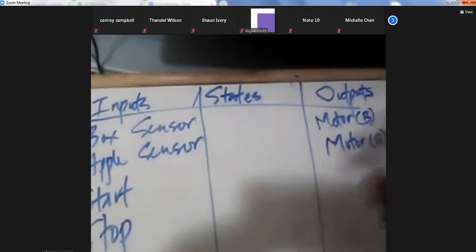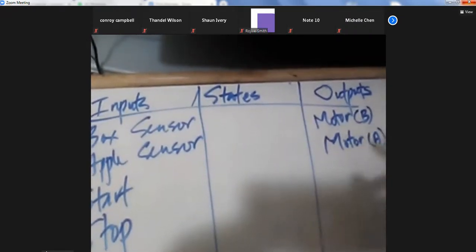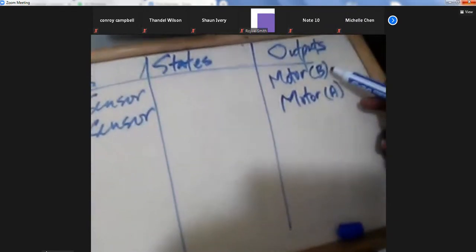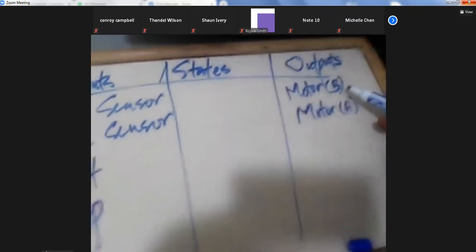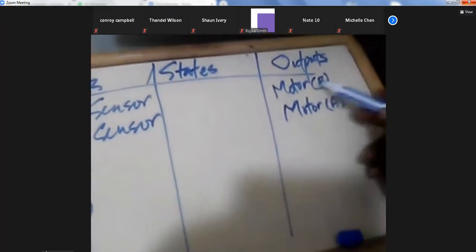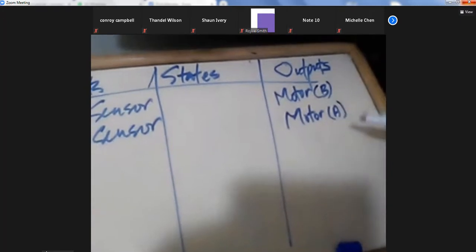Motor A can be on, motor B can be on, and so forth. So I'm going to identify the 4 possible states that the system can be in, using 2 motors. If I'm making any sense, you tell me what are the states that the system can be in, in terms of the output, the motors that we have here.